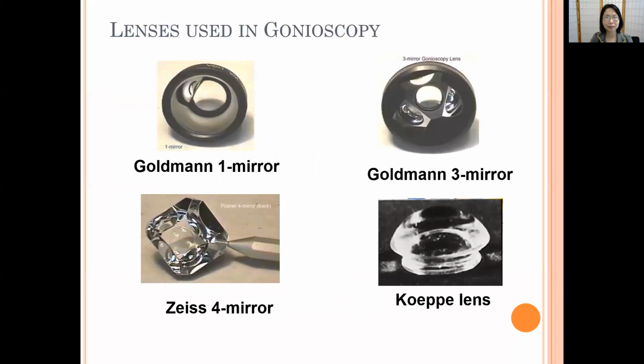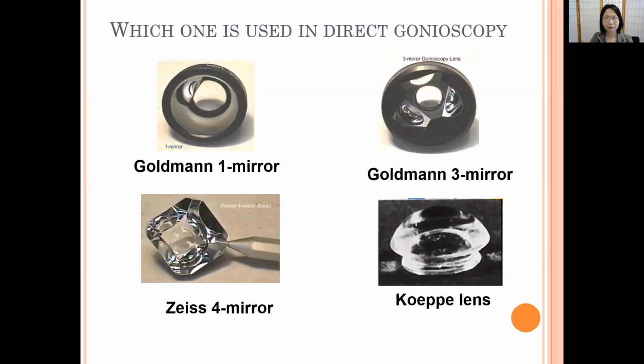Here are some of the lenses that can be used in gonioscopy: Goldmann 1 mirror, Goldmann 3 mirror, Zeiss 4 mirror, and the Koeppe lens. I want to ask you this question, and I hope you can think to yourself for a moment: which one is used in direct gonioscopy? Remember, direct gonioscopy is performed with the patient under general anesthesia, usually lying flat.